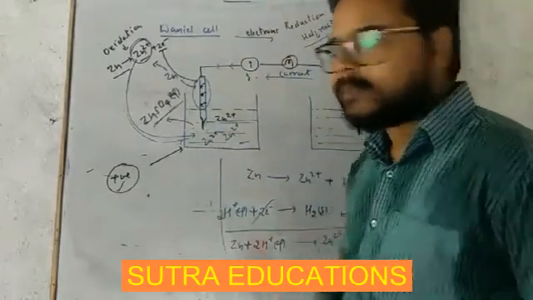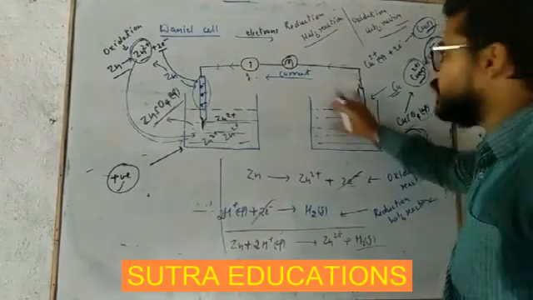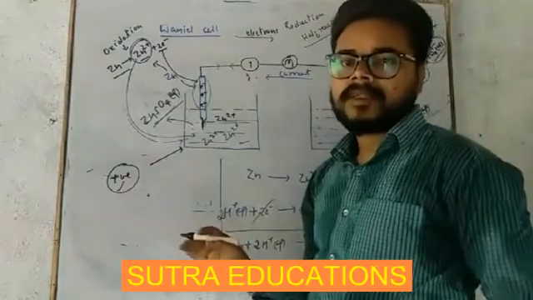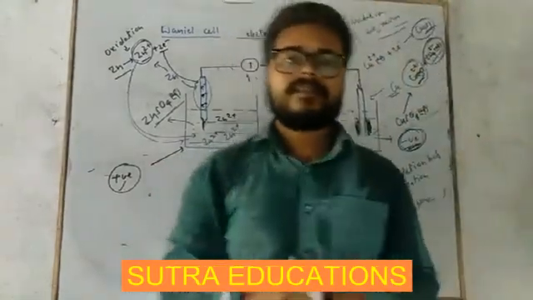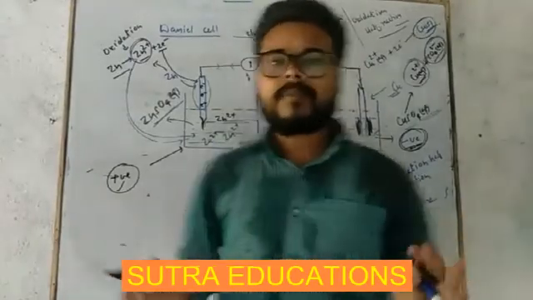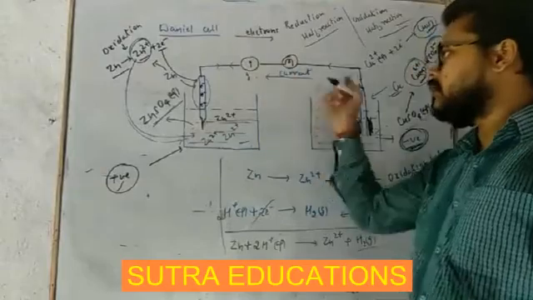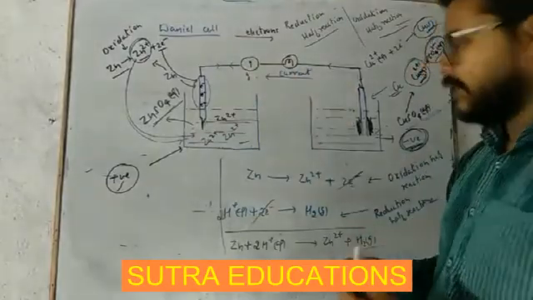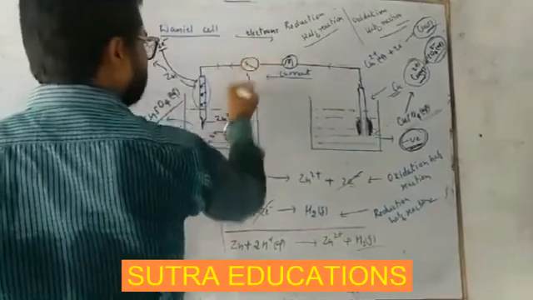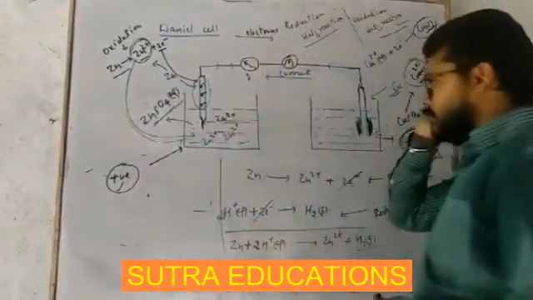And at the same time, here negative charge is increased, so it will repel the electrons coming from the other container. It means after some time this reaction is going to stop. No electron will be flowing from this container to this container, and the current which was produced due to the flow of electrons will be stopped.